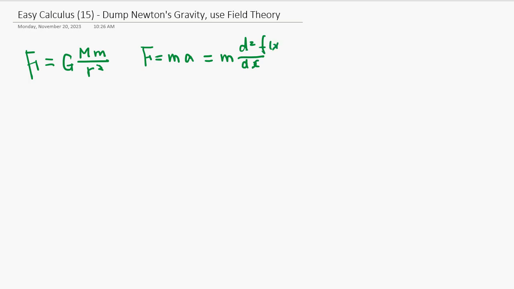So the gravity force is a gravity constant, and the mass times mass over r square. So this is one of Newton's laws. Another one is F equals ma, and a is the second derivative of distance, right?